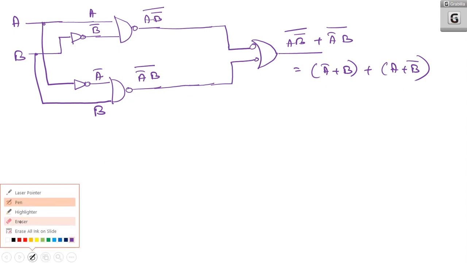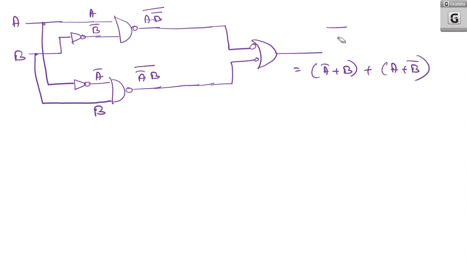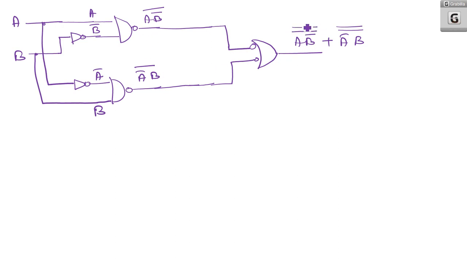If that is the case, then what we can have is, here you get A B bar bar or A bar B bar bar. Oh, this is A B bar, and A bar B.